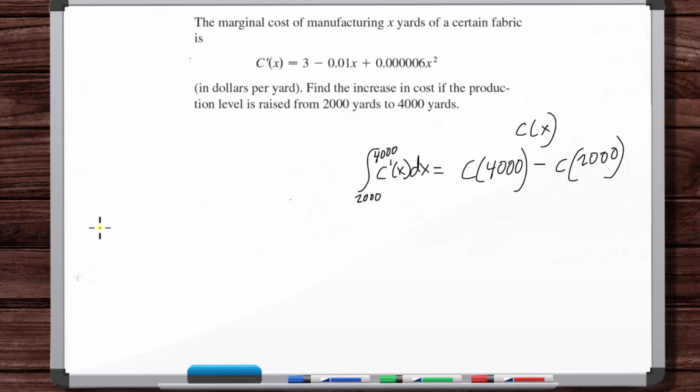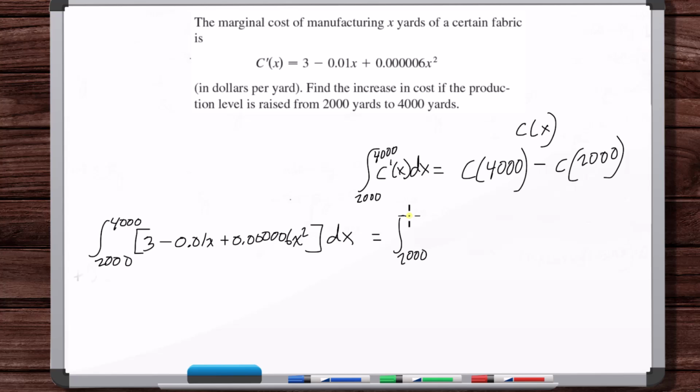Okay, so we can separate this into 3 separate integrals.